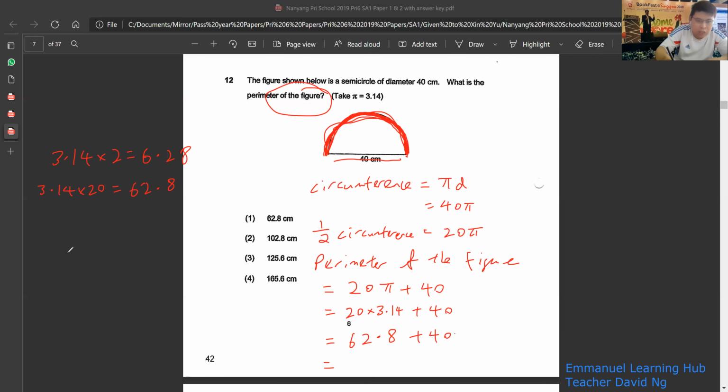62.8 plus 40. 6 plus 4 is 10, right? So 102.8 cm, because 6 plus 4 is 10, and then 2.8. But if you want to play safe, you do the proper working.